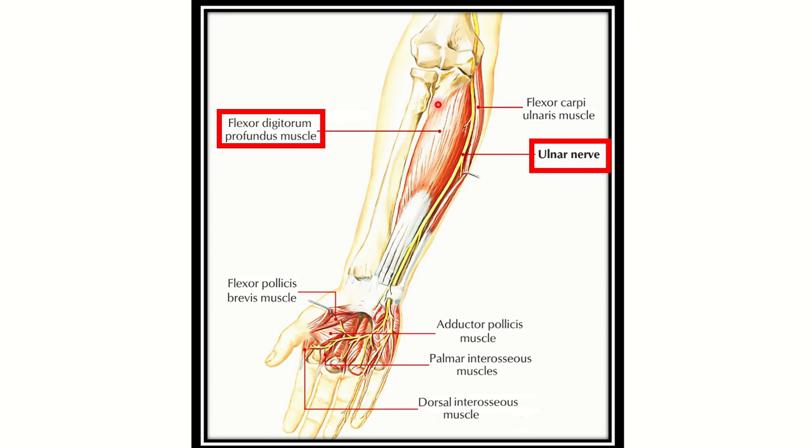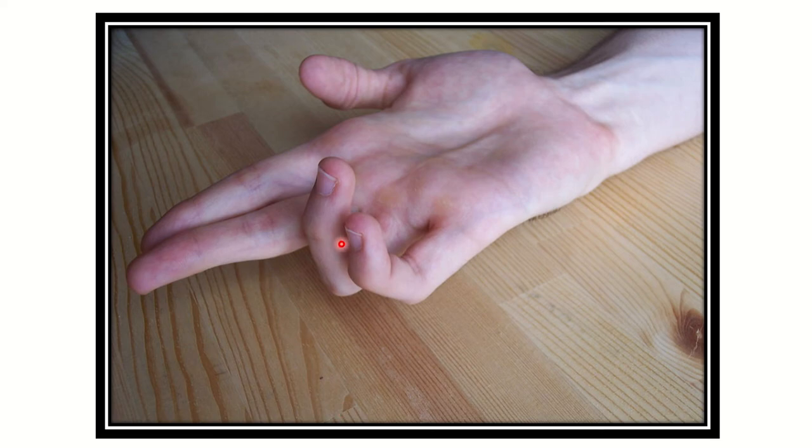First of all, this is the flexor carpi ulnaris, and this muscle is the flexor digitorum profundus. Its function is the flexion of the interphalangeal joint, like this.